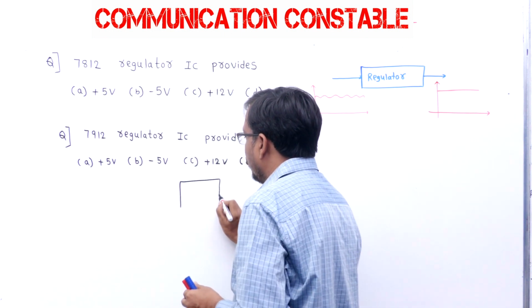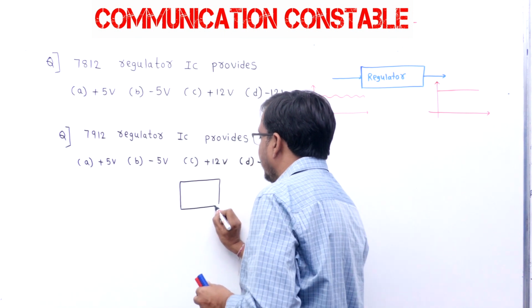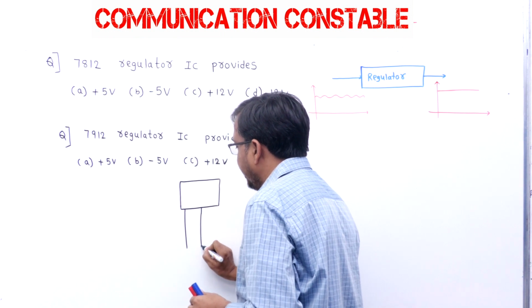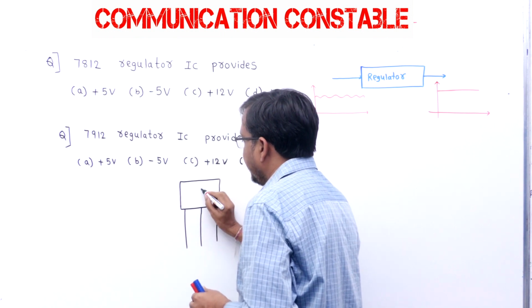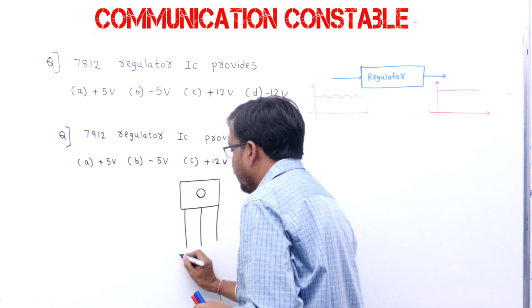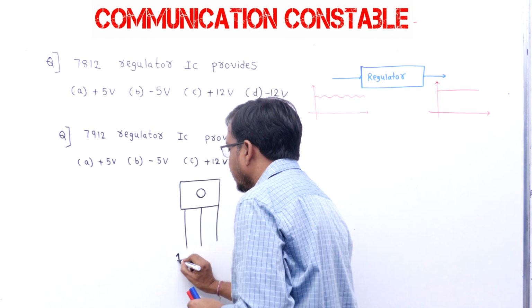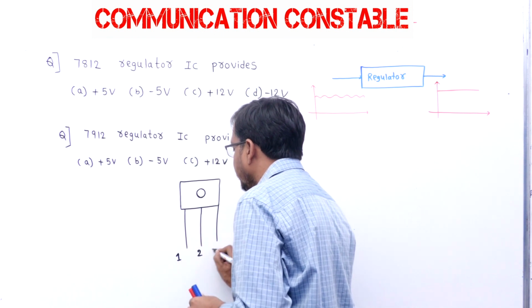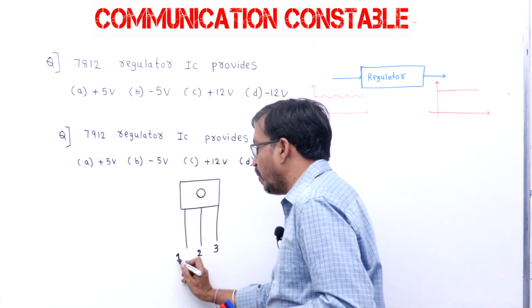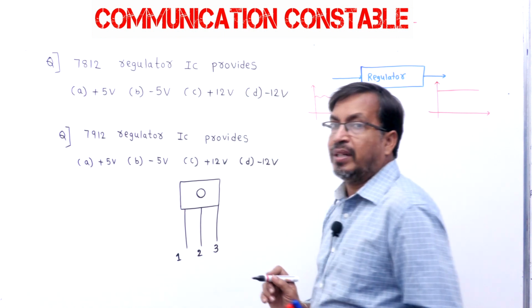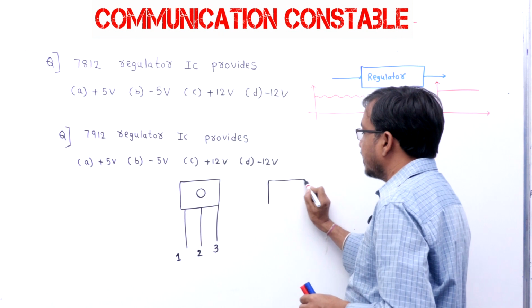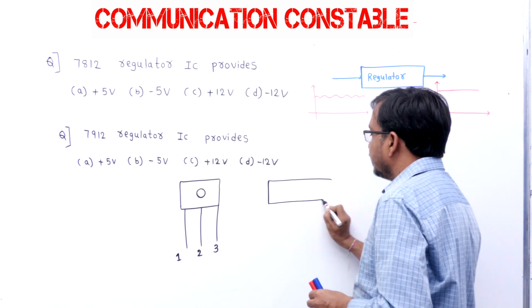This is one IC which consists of 3 pins. How many pins here? 3 pins. This is the IC, and this is pin number 1, pin number 2, pin number 3.